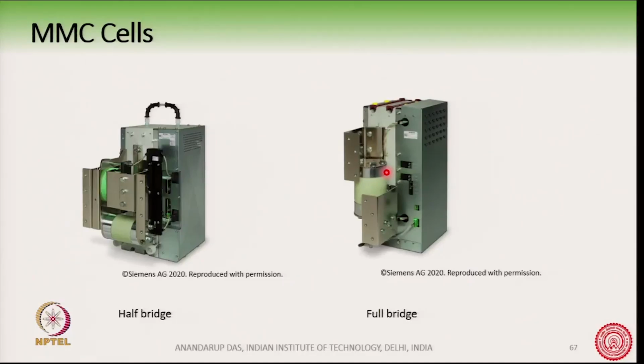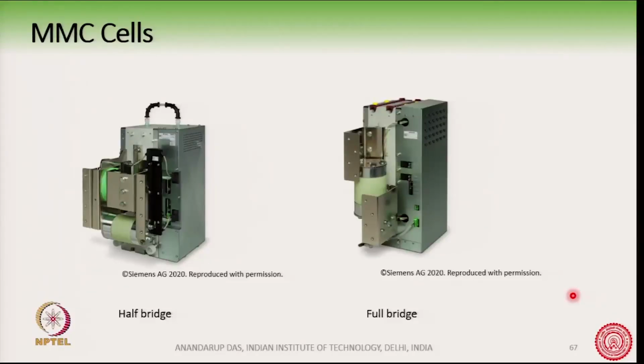The capacitor has a separate box, and then you can see here there is a pipe, and through this pipe deionized water flows through the heat sink and helps in cooling of the cells.